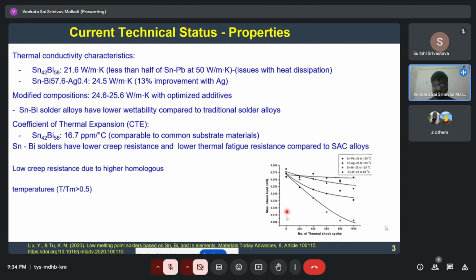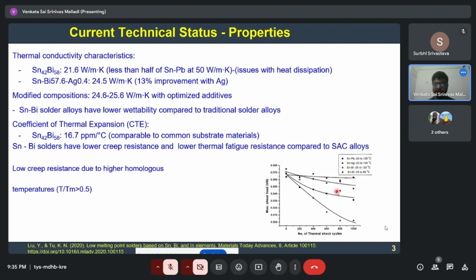In the graph on the right side, we can see that it has a lower thermal fatigue resistance compared to the traditional tin, silver, and copper based alloys. Here, the x-axis represents the number of thermal shock cycles, and the y-axis represents the maximum shear load to failure. They took three samples: tin lead, tin silver, and tin bismuth based alloys.